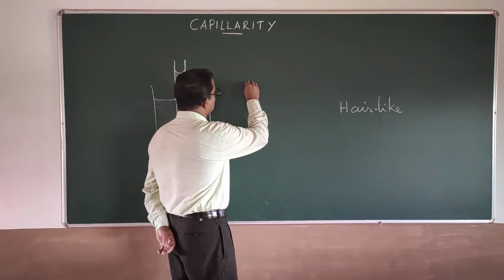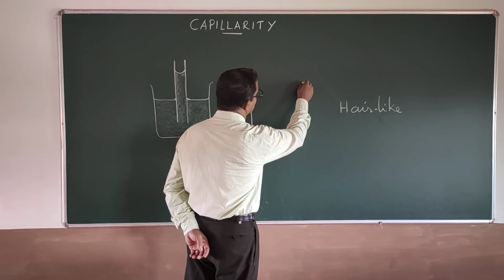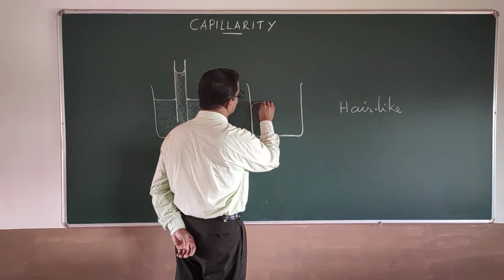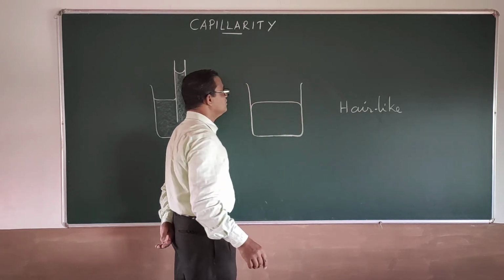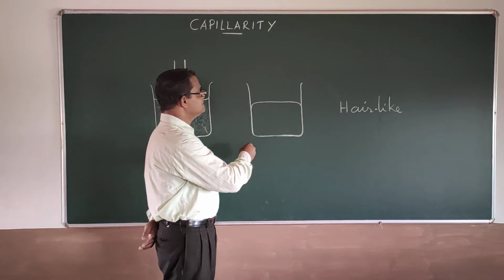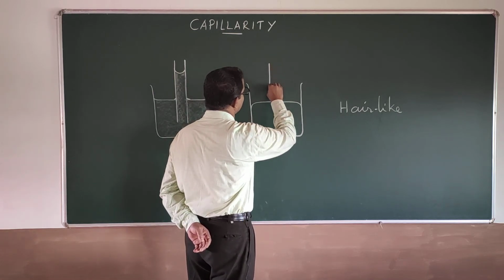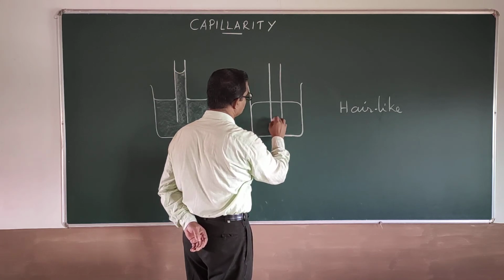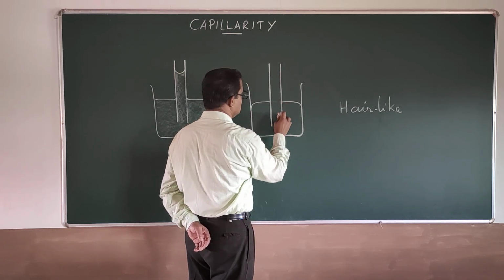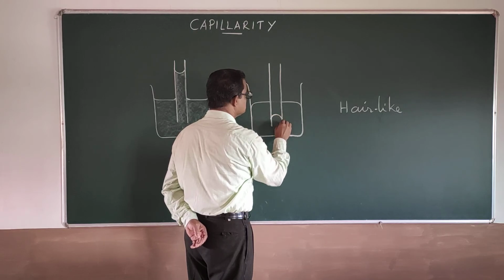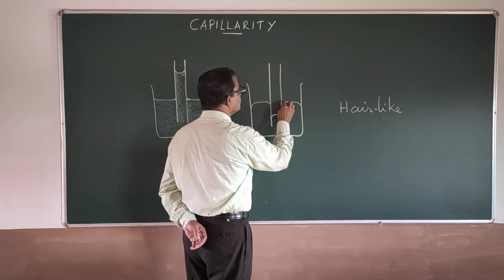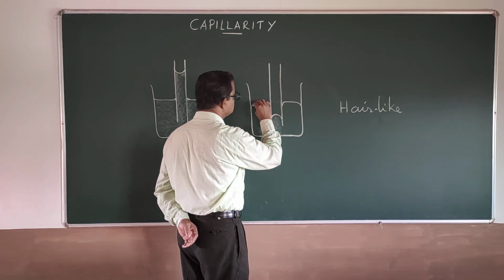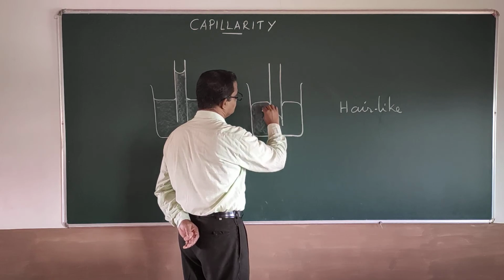And in some other liquid, suppose I take mercury. That mercury taken in a beaker will have its surface like this. And if I dip the tube into that liquid, we can find that the mercury level inside will be going down in the tube, meaning the mercury will be getting depressed in the tube.